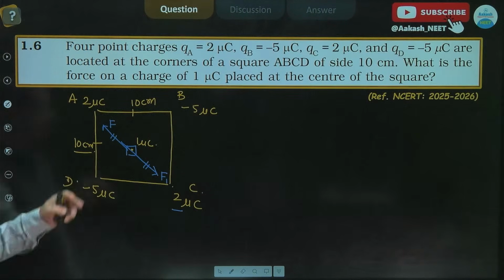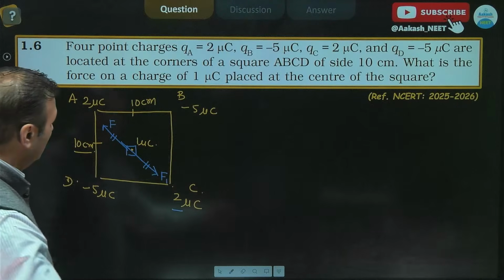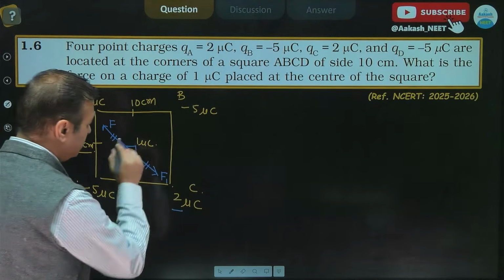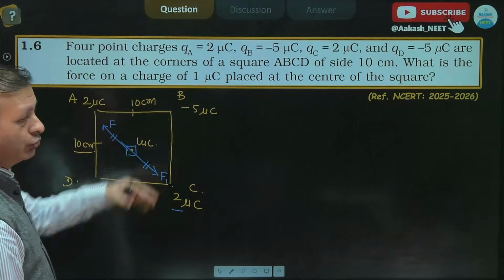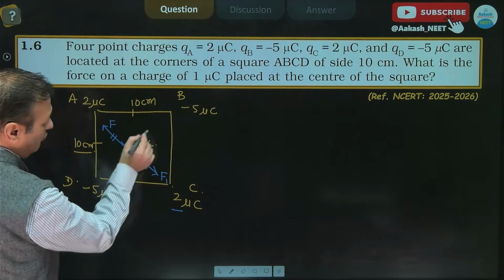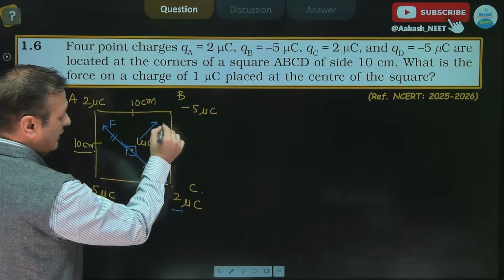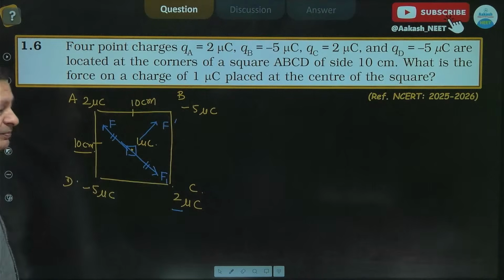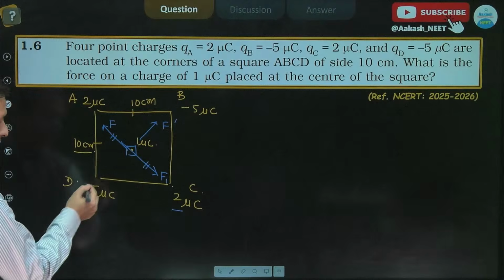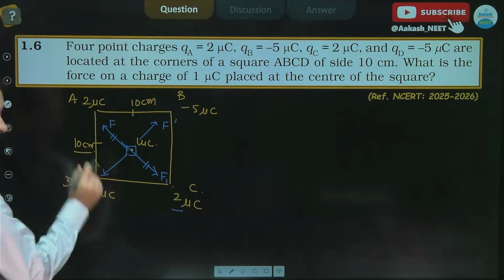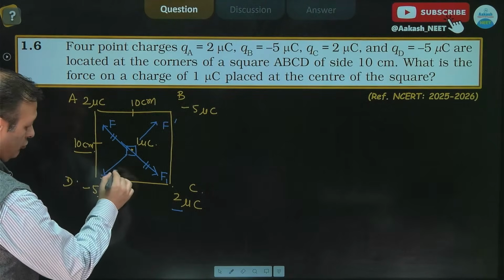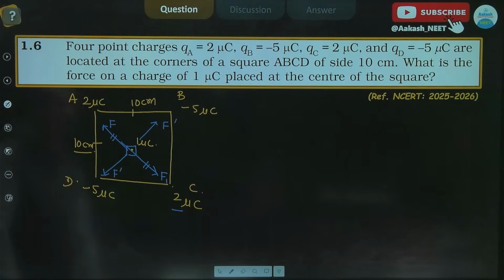Now, for the other two charges, look at the force experienced by 1 microcoulomb due to charge B. That would be towards B, and let's label this force as F prime. The force experienced by 1 microcoulomb due to minus 5 placed on D is also equal to F prime.